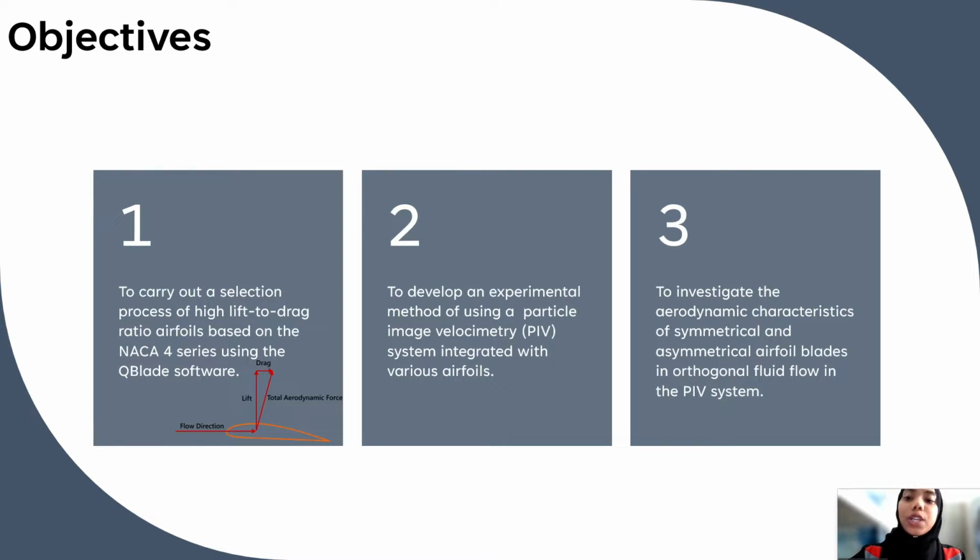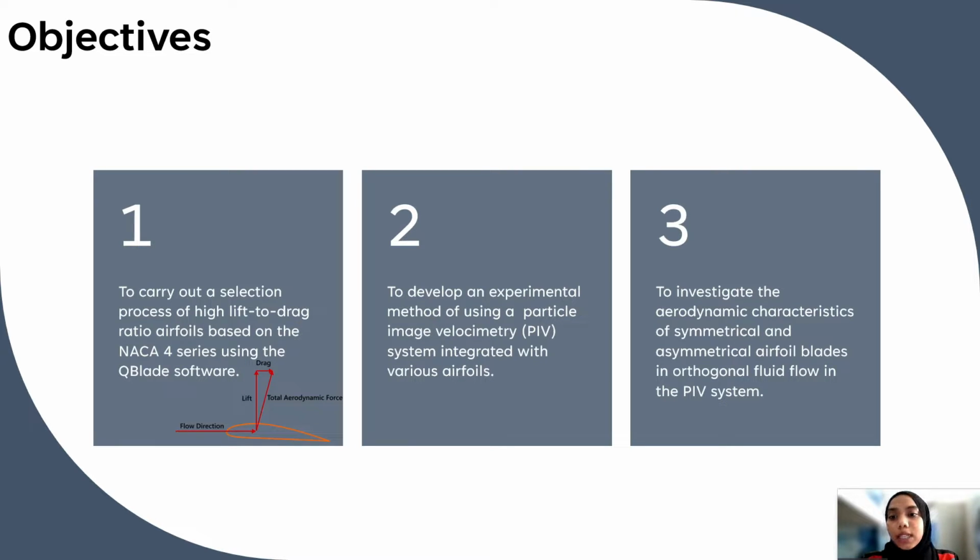So this research mainly focuses on three main objectives. The first objective is to carry out a selection process of high lift to drag ratio airfoils based on the NACA 4 series using the Q-Blade software.